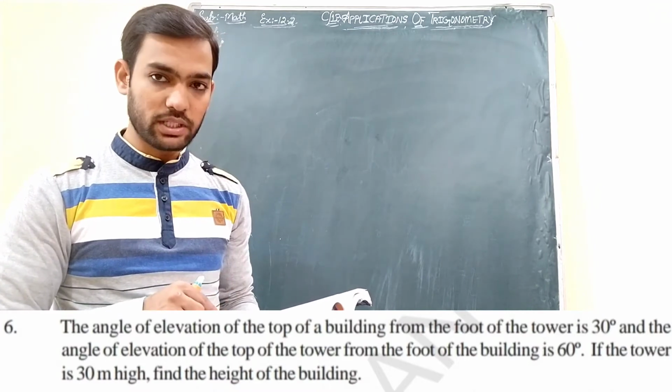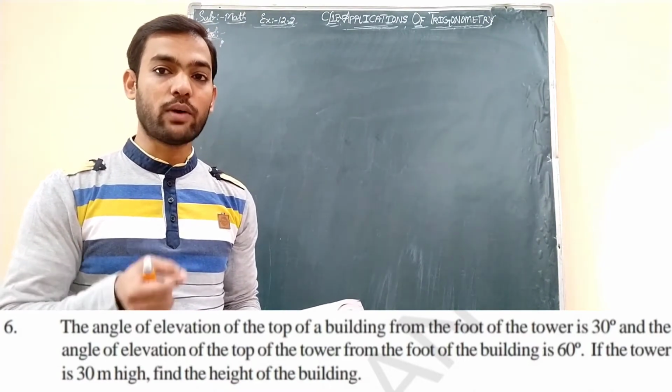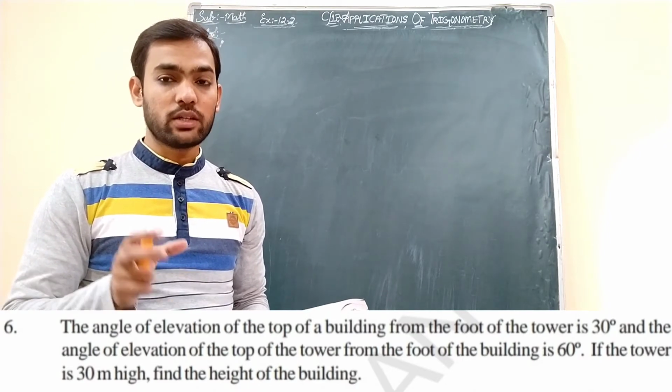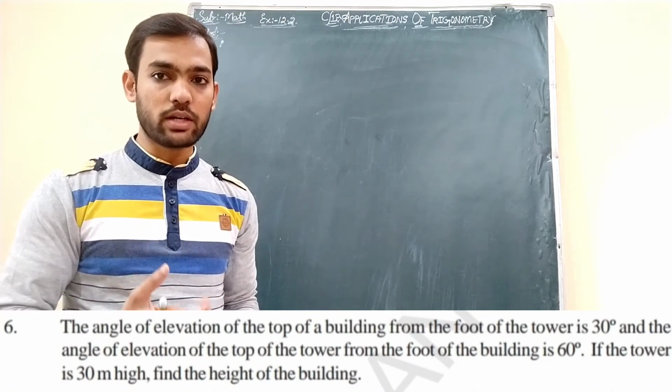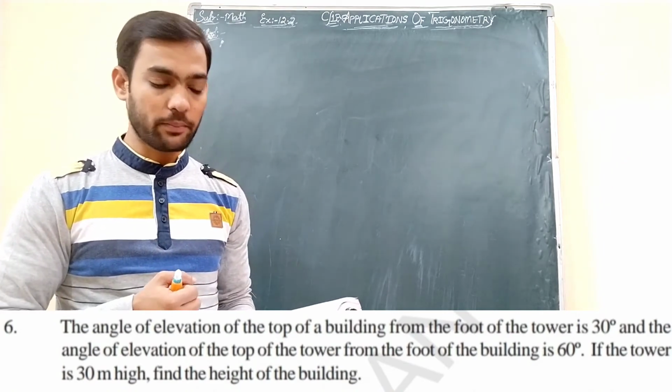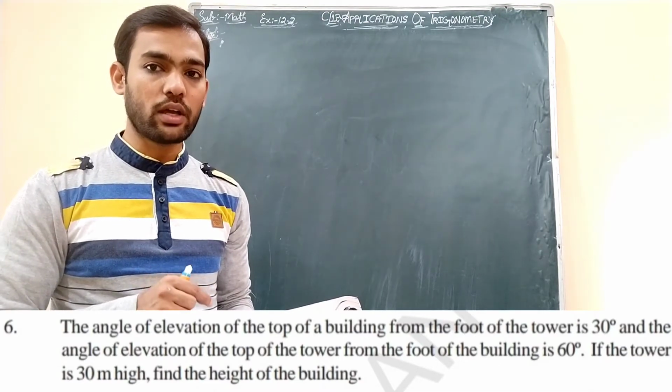If the tower is 30 meters high, find the height of the building. Now here one question arises, whether the tower is tall or the building is tall. Don't always consider that the tower will be taller than the building. Sometimes the tower may be taller, sometimes the building may be taller. So here, by seeing the angle, you can get the idea which is the taller object.